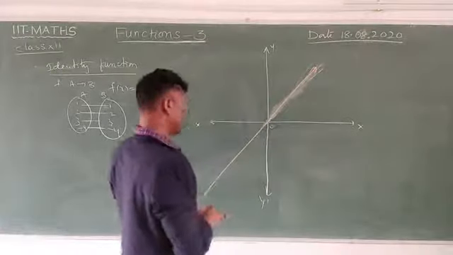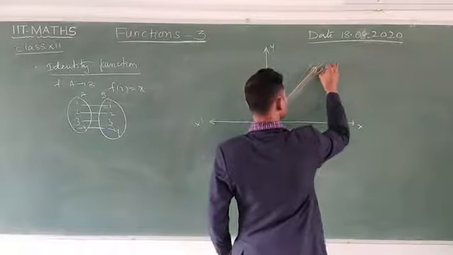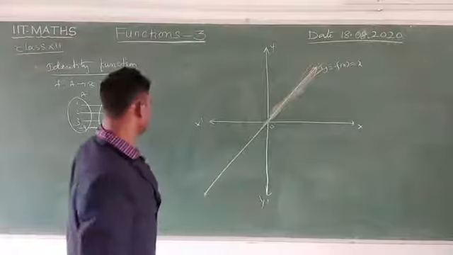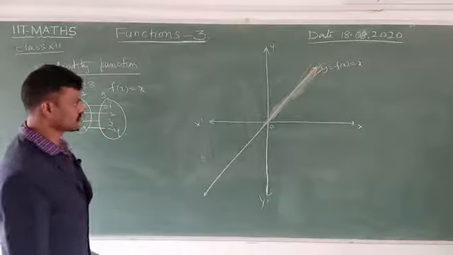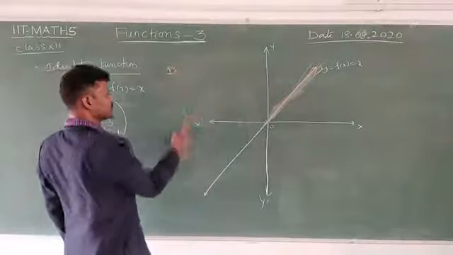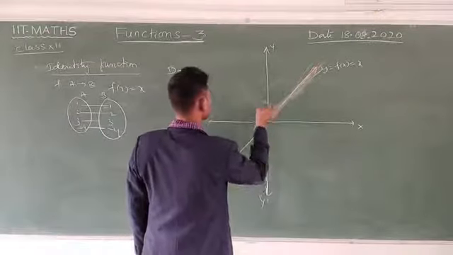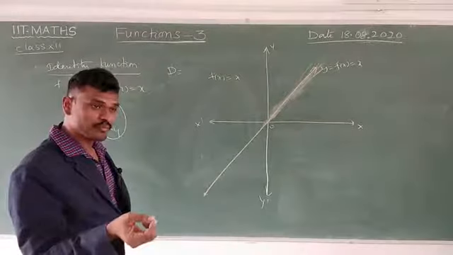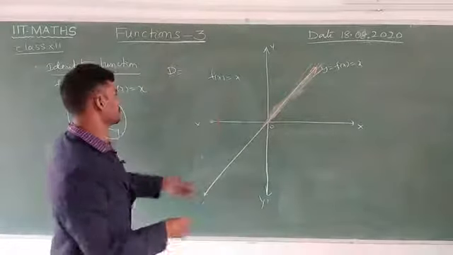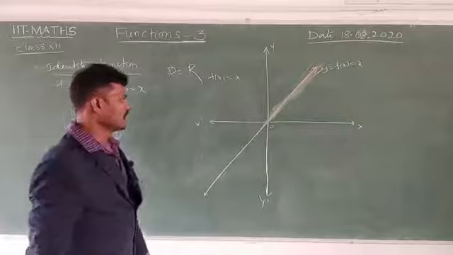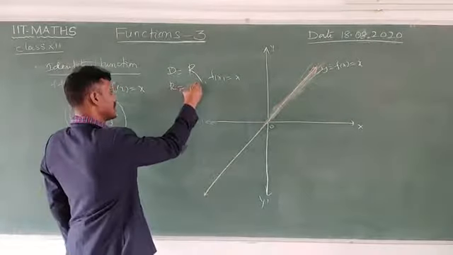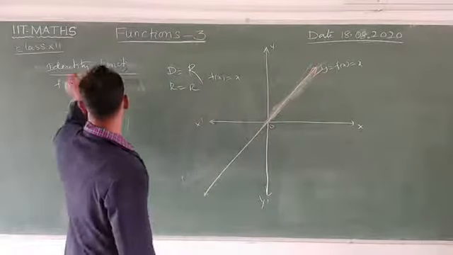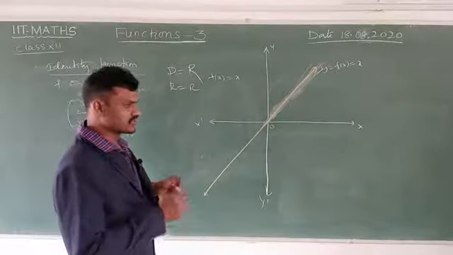Now see here, this is y is equal to f of x is equal to x. First we have to discuss what the domain is. Domain is equal to input values. For f of x is equal to x, all possible values exist. That means R. Range is also R only. This is the identity function.